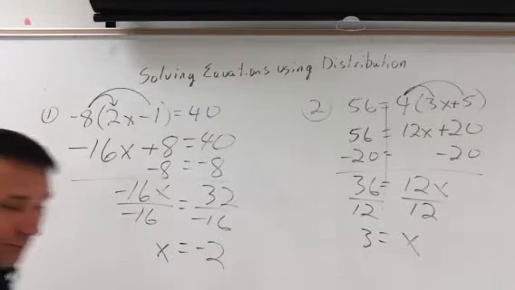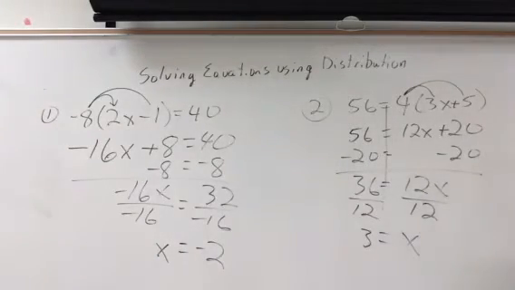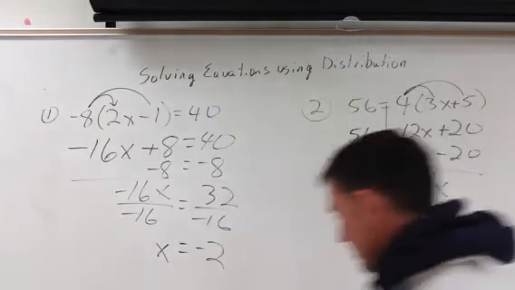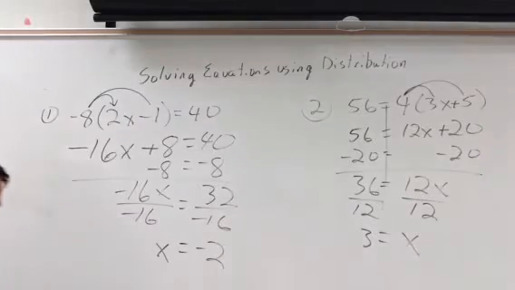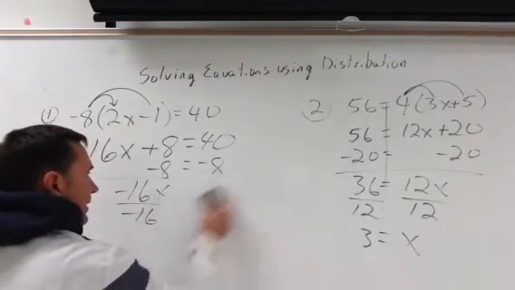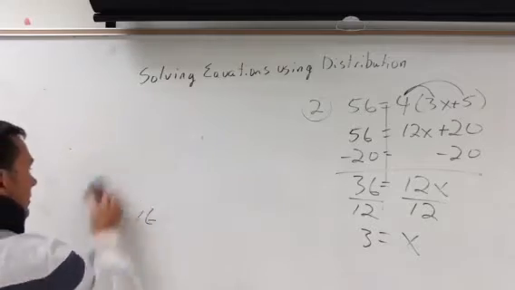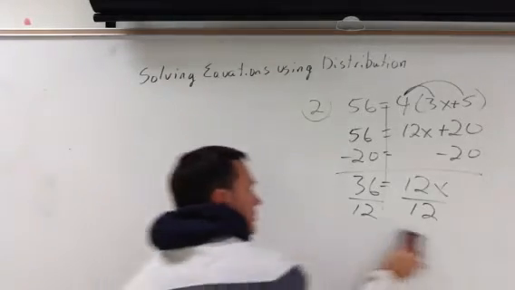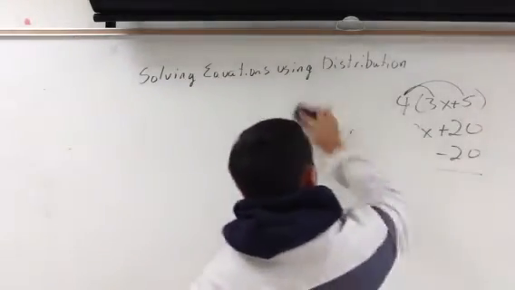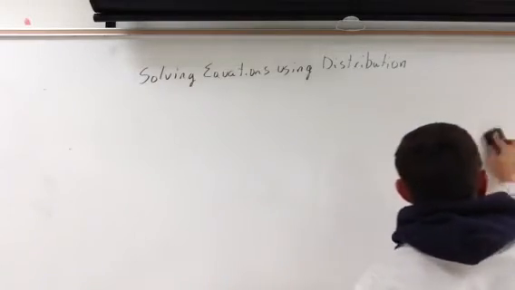Another example that you're going to see is when the number outside the parenthesis is a fraction. Everything stays the same. We still want to distribute the fraction to reduce it into something a little bit more familiar with.